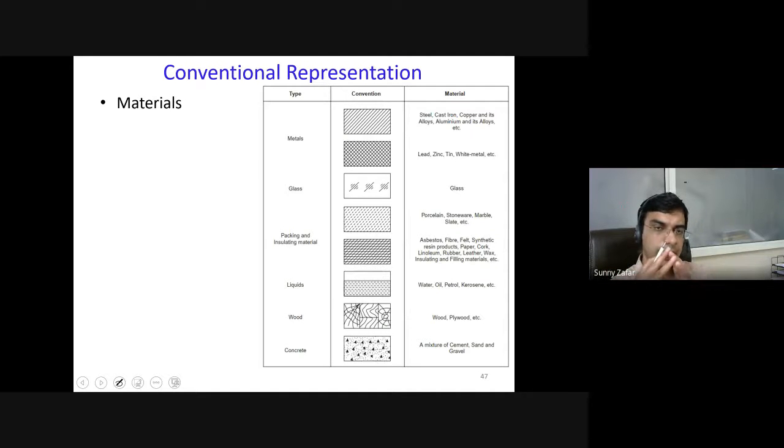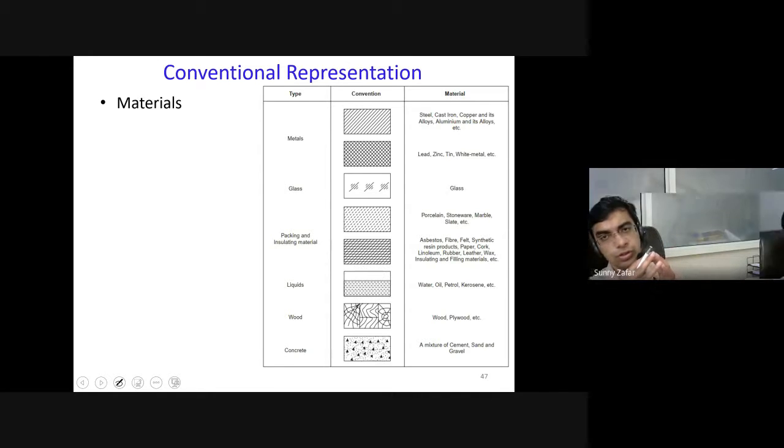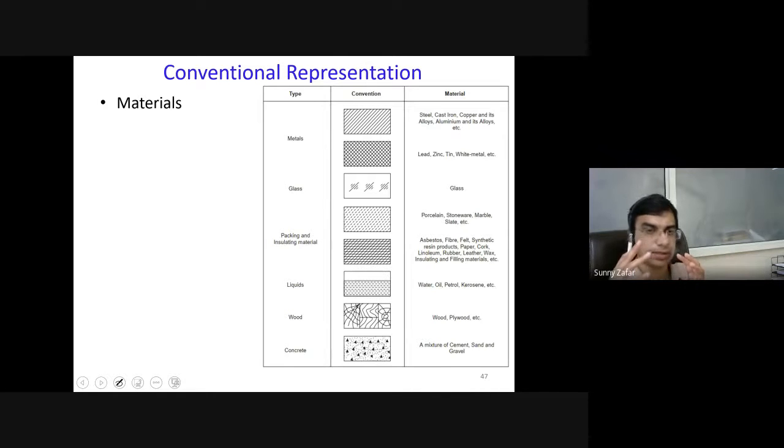Now coming to the important part, the conventional representation of materials. In any machine component, there may be more than one material used to manufacture different sub-assemblies or sub-components. Each and every material generally follows a specific convention which is represented on that particular machine drawing.